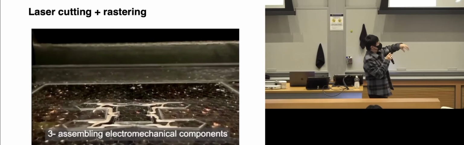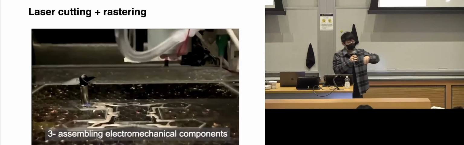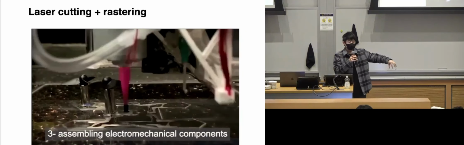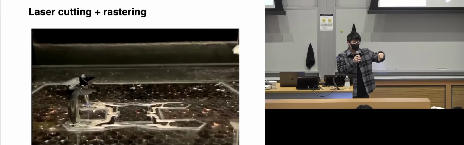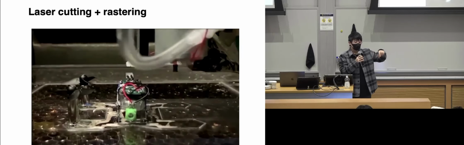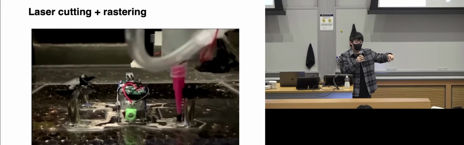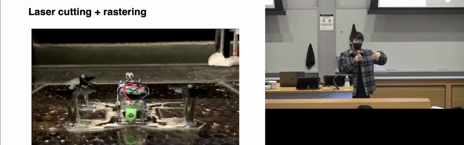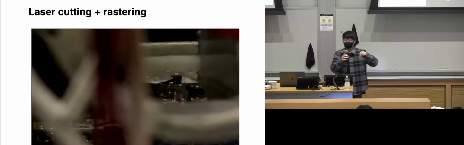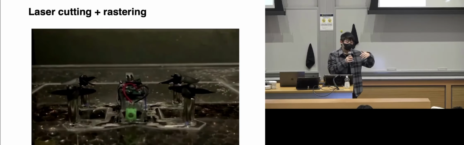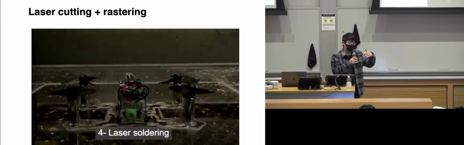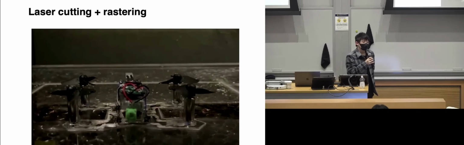And because the laser cutter is essentially an XY planar machine, right? You can also just add pick and place components to place each of the components that needs to be soldered or connected to the circuit, and use the laser to solder the entire board for you, essentially.